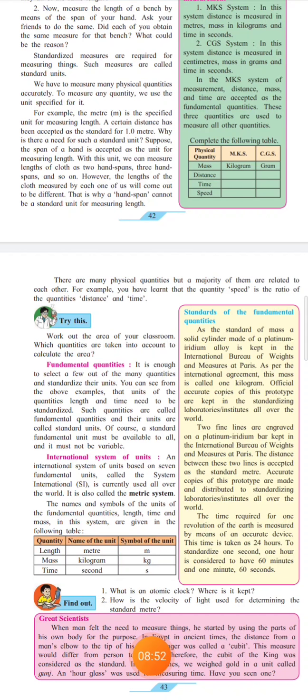You know, students, that for the rotation of the earth, it takes 24 hours. The time required for the rotation of the earth is measured by means of an accurate device. This time is taken as 24 hours. Means for rotation, earth takes 24 hours. To standardize 1 second, 1 hour is considered to have 60 minutes.